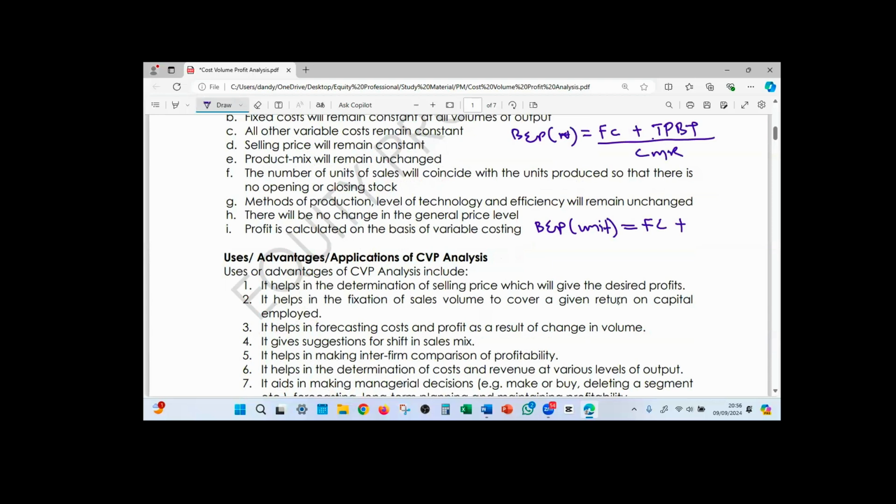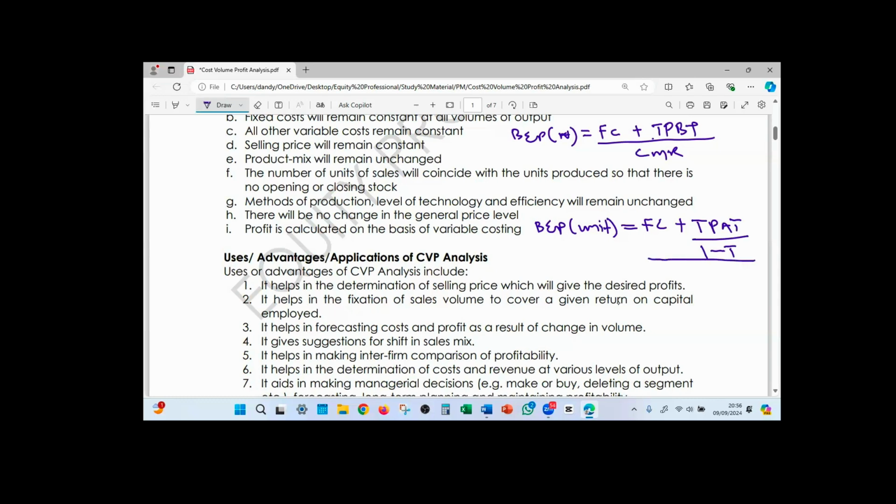So if profit after tax is given to you, you must convert it to profit before tax. In this case, I would say targeted profit after tax divided by 1 minus tax rate. Once I divide targeted profit after tax by 1 minus tax rate, I've converted it to profit before tax.